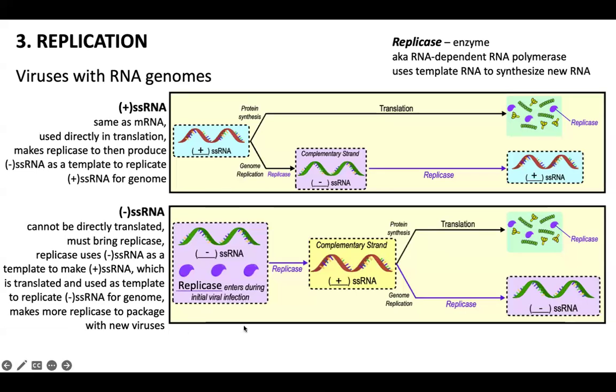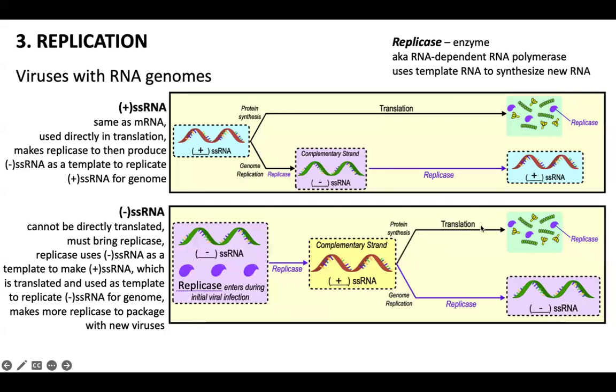And so it kind of solves this by bringing replicase with it, right? So when it was created in a previous host cell and assembled into this viral particle, it included replicase. So it brings its own replicase with it. It uses that replicase to make a complementary strand, so that positive.